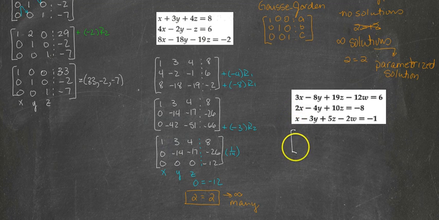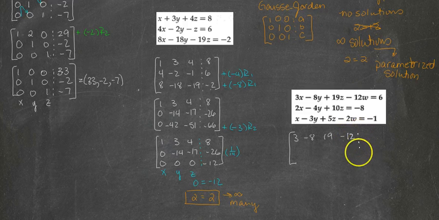If I made the matrix for this system, it would be 3, negative 8, 19, negative 12, and 6. For the second row, I get 2, negative 4, 10, 0, because I don't have a w, and negative 8.